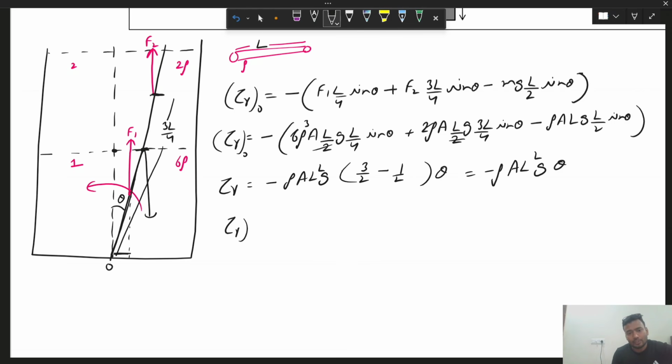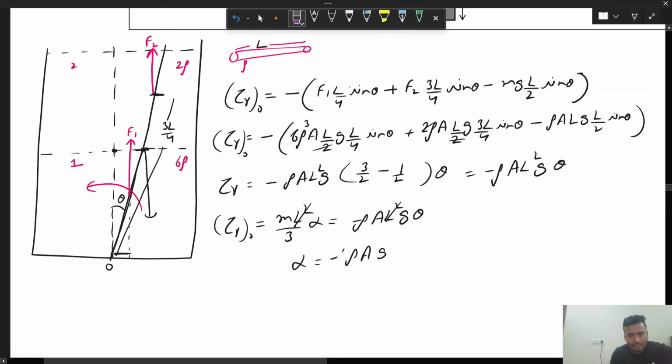Now this restoring torque about O should be equal to I alpha. I for the rod is m L square by 3. So m L square by 3 into alpha equals rho A L square g theta. From here, L square you can cancel out first. So it is minus 3 rho A g by m, and then theta.